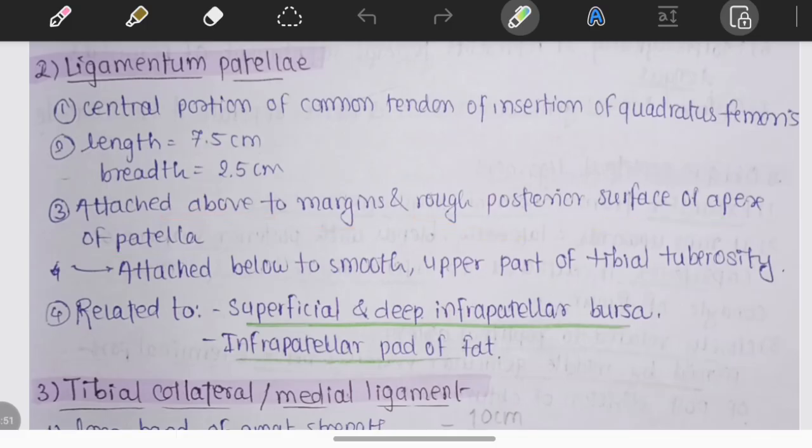Patella is attached to femur by this ligament. It is attached below to smooth upper part of the tibial tuberosity, related to superficial and deep infrapatellar bursa and infrapatellar pad of fat.